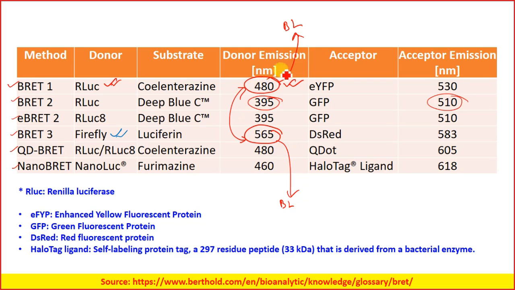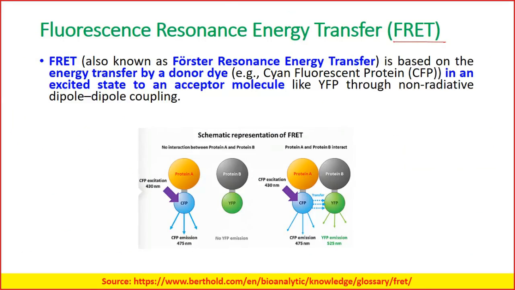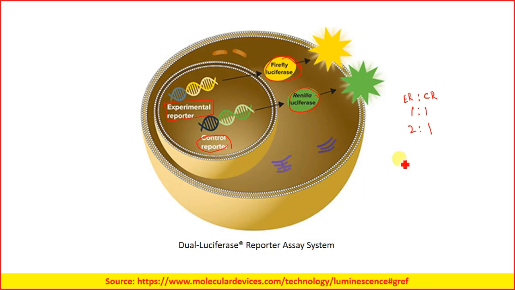So you can individually measure the information from each. Now once you have got that, you look into the ratio pattern. So whether it is 2 is to 1, you know the ratio. Say you have x for the experimental reporter and 1 for the control reporter, so it is 2 is to 1.